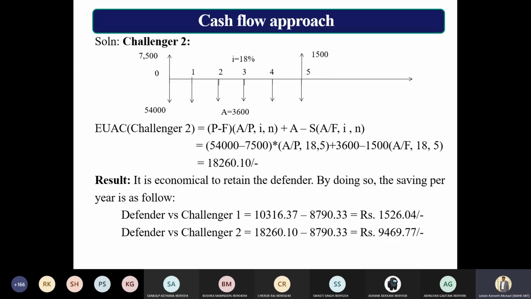Any doubts over here? See, it is a direct trading between the buyer and the seller. There is no middleman or no consultant coming over here in this case. So only two parties are involved, right? Only two parties are involved in this case. Now we'll move to the outsider's point of view.